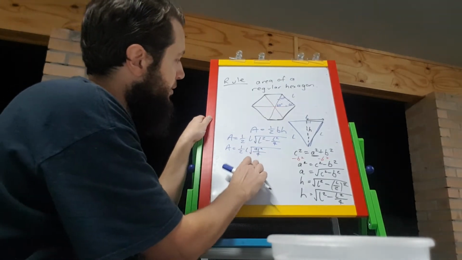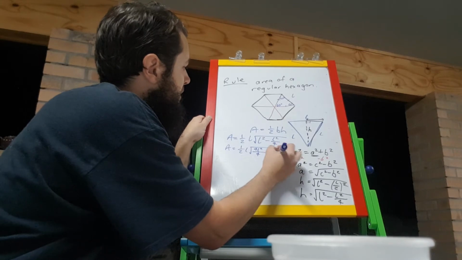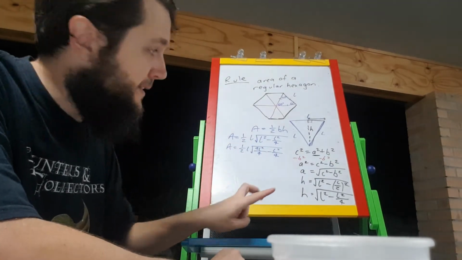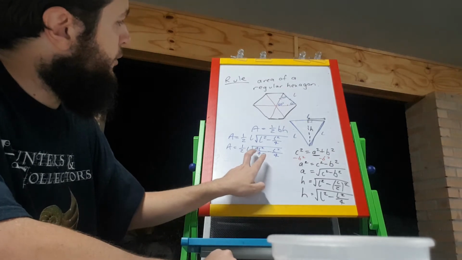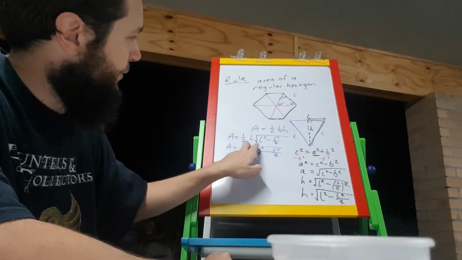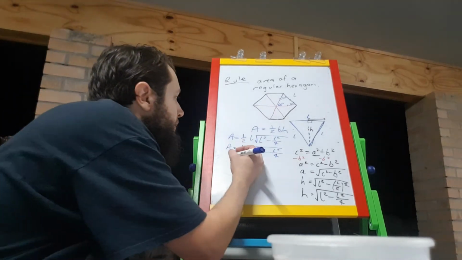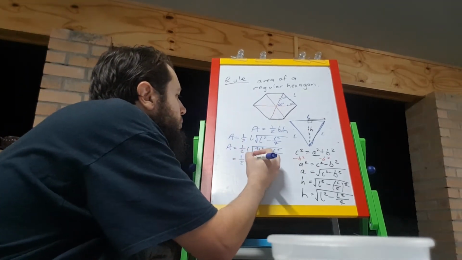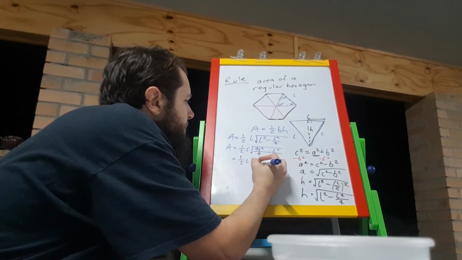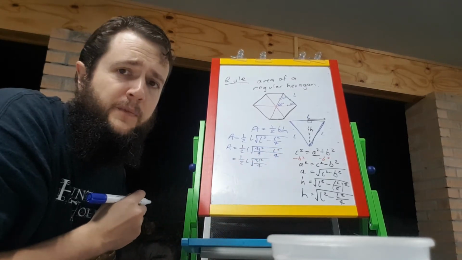So I can actually write it that way. From here, remember how with fractions, to combine them, you need the same denominator? So I have 4 lots of L squared. They're both over 4, so I can combine them. 4 lots of L squared, take away 1 lot of L squared, will give me 3 lots of L squared over 4.